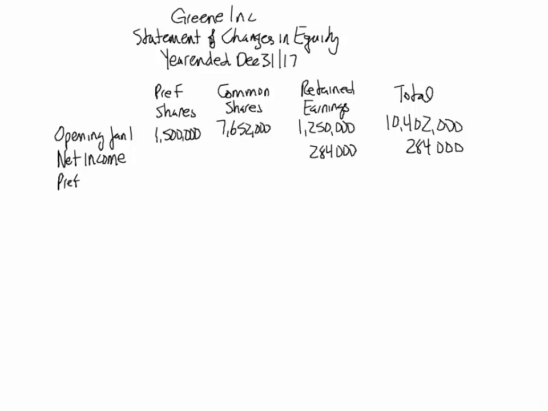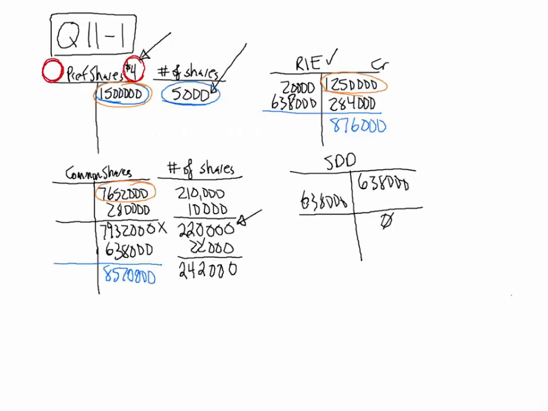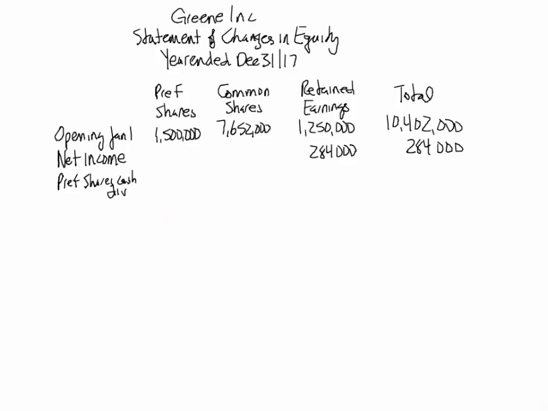Then I had preferred shares cash dividend. Well, if I look back at where the cash dividend went in the T account, it went right here in retained earnings as a $20,000 debit, which is a decrease. So I know it's going to be negative 20,000.